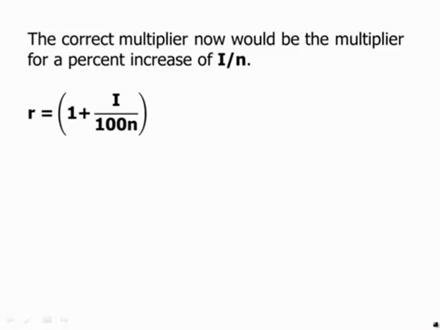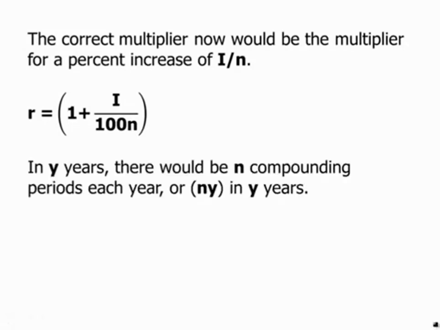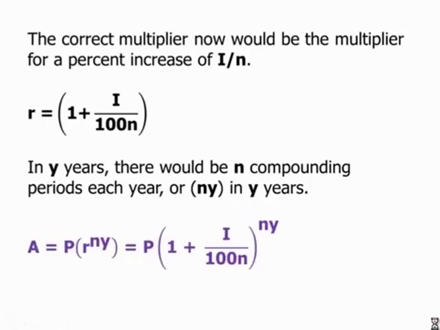So writing this out very algebraically, 1 plus I over 100n, that's our multiplier. In y years, there would be n compounding periods each year, or n times y in y years. And so it means that we're multiplying by that multiplier ny times. So the total formula is this.